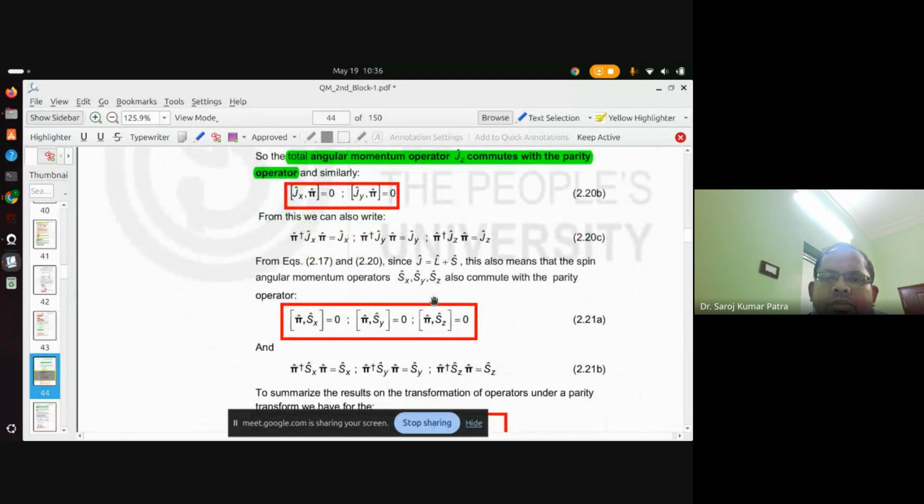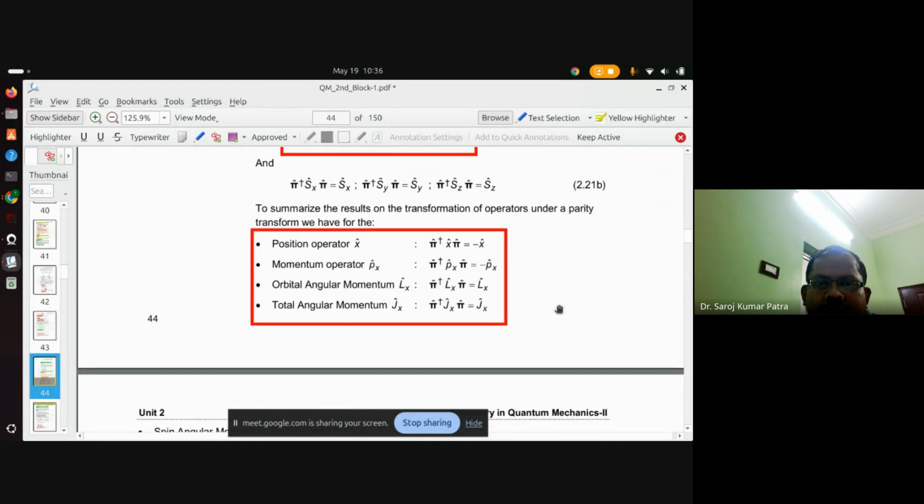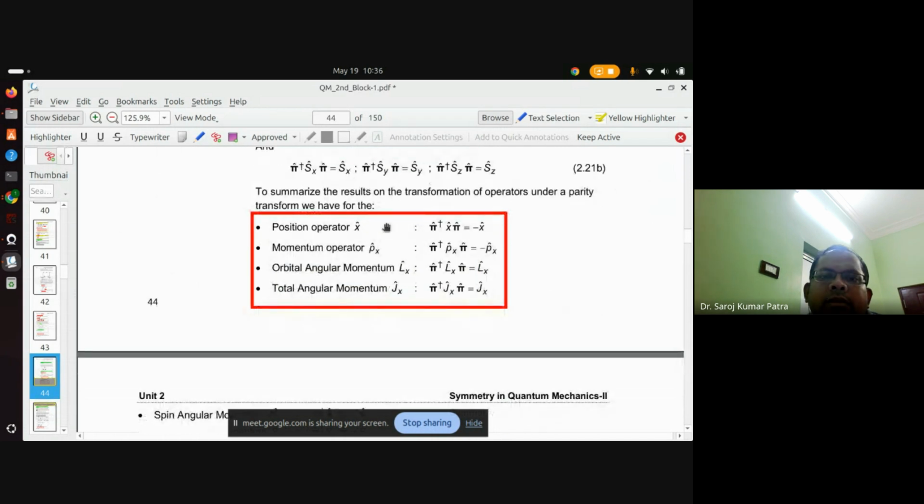And the same for spin angular momentum. So whether it is orbital angular momentum, spin angular momentum or total angular momentum, the x, y and z components will commute with parity. So here is the formula that you might have to remember.